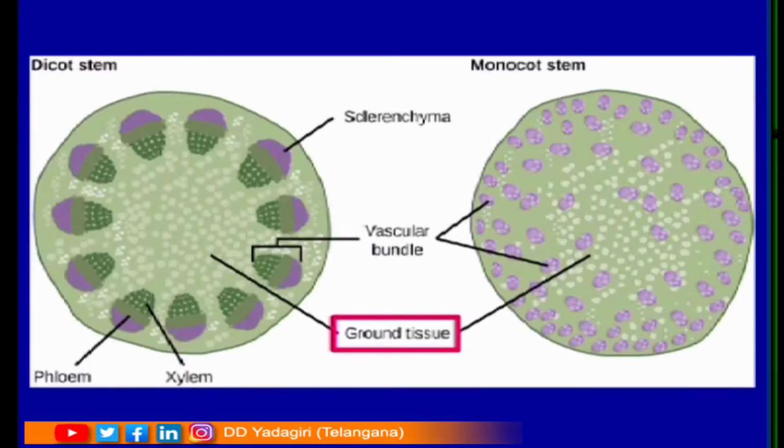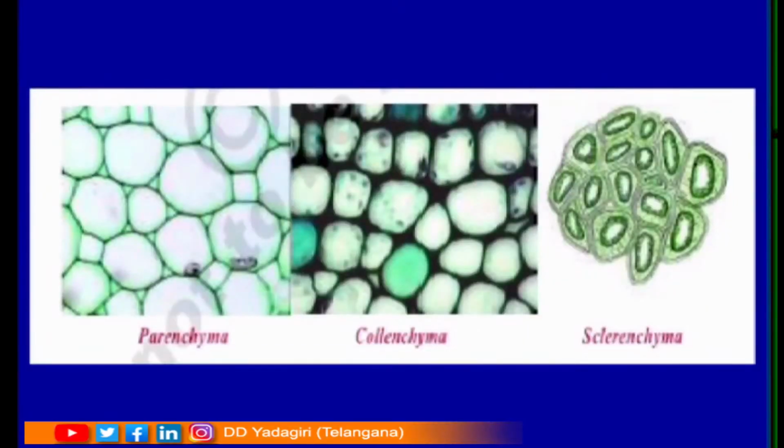Here you can see most part of the dicot stem is filled with tissue, and this is the ground tissue. Even in the monocots, you see a large number of cells present in the center, that is nothing but the ground tissue. Children, here we compare parenchyma, chlorenchyma and sclerenchyma.